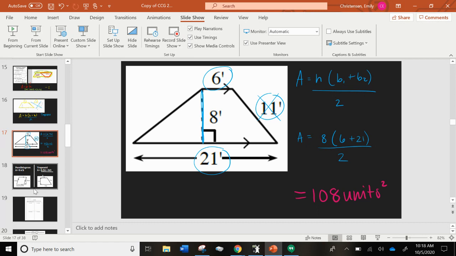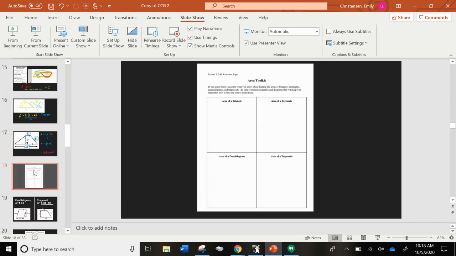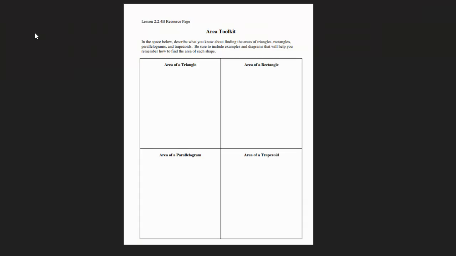So this last slide here, I'm going to have you either just in your notebooks, or if you printed this out from the day before, I actually want you to write this last slide that we're going to do. I want you to write the formula for parallelogram and write the formula for trapezoid when we go through them, just so you have one place where you can see all of your formulas. So I suppose we could just do it right now. Oops.